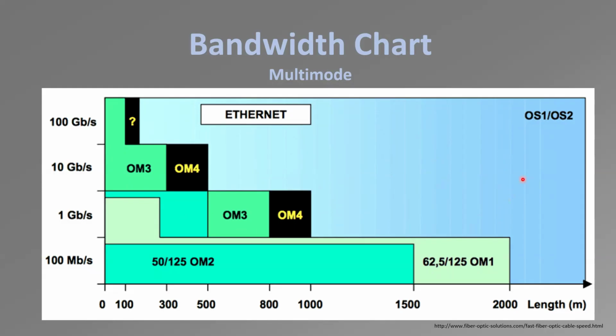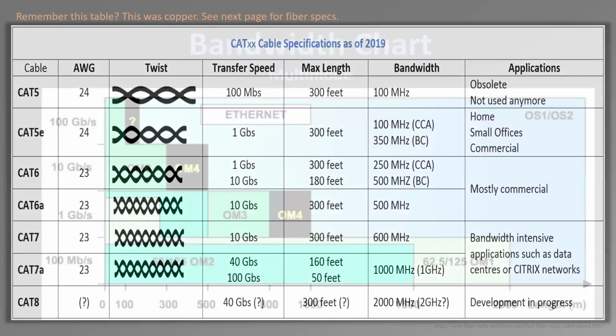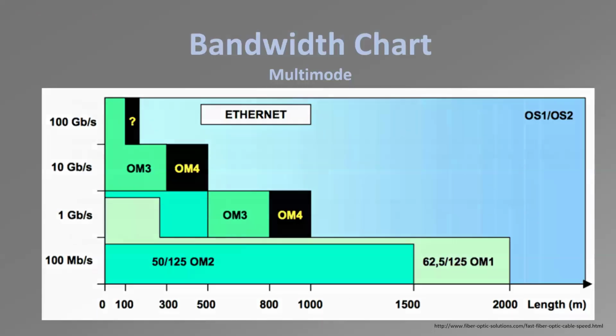It goes into hundreds of kilometers. Well, 100 kilometers is a typical distance that can still be covered without the need of re-amplification or repeating the signal. So here's this table compared to that table. That's how we read that.